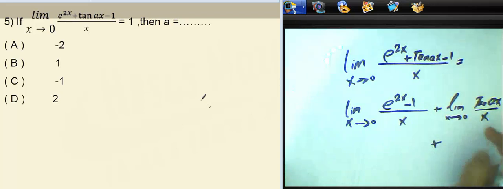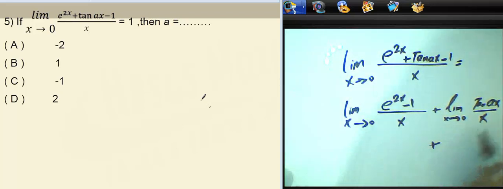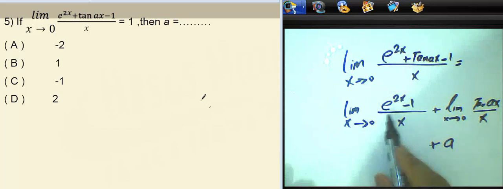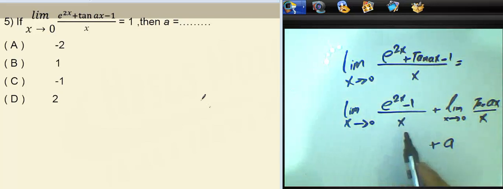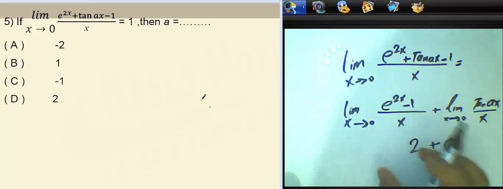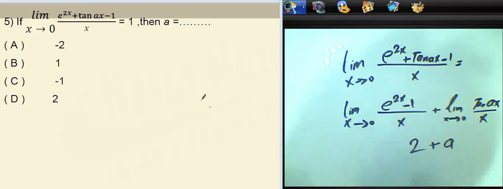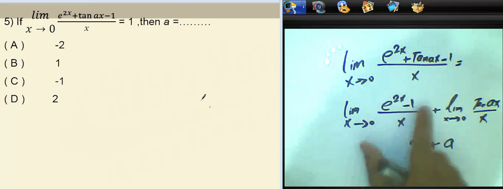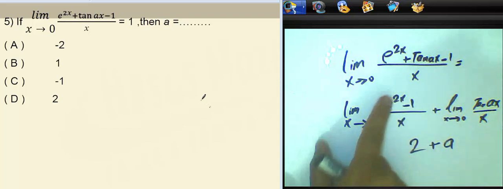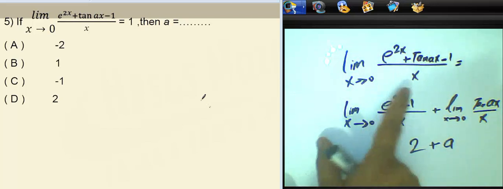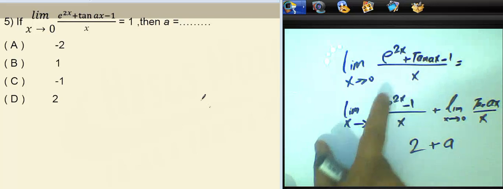The result for tan ax over x will be a, and for e power 2x minus 1 over x, it will be 2. Okay, it's the rule. Do you know this rule or not? The limit of e power x minus 1 over x equals 1. But if we have 2 here behind x, as the coefficient of x, the result will be 2.